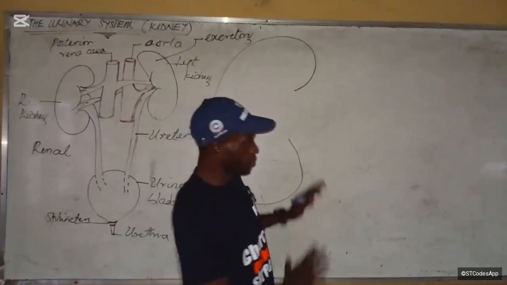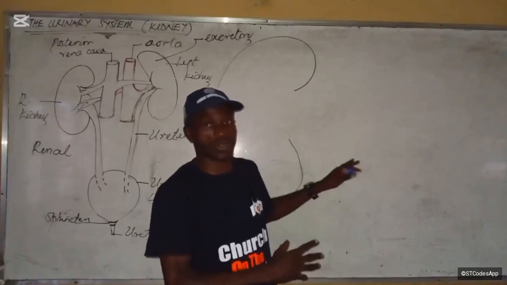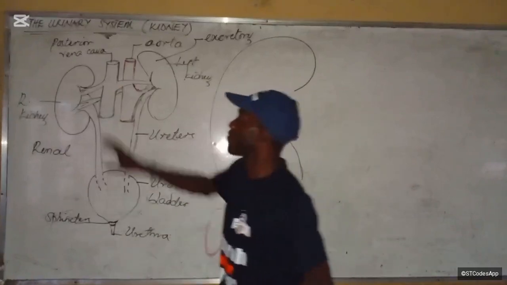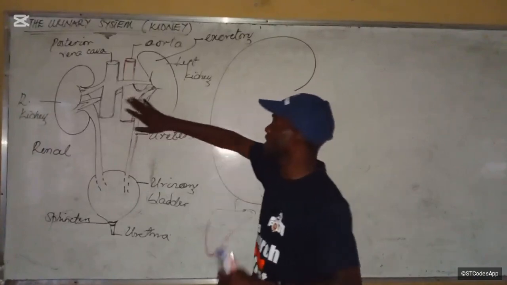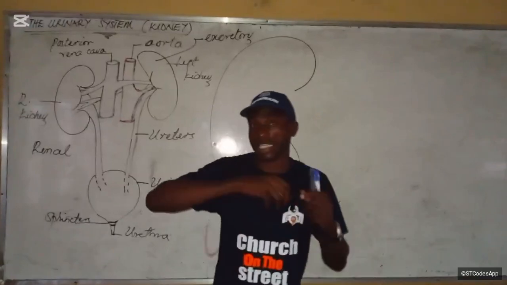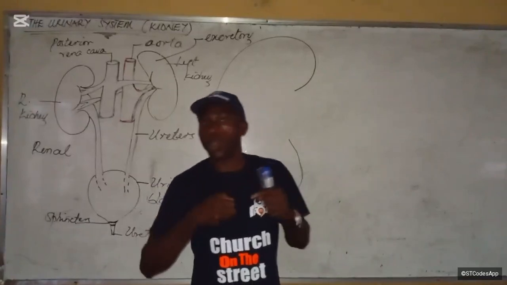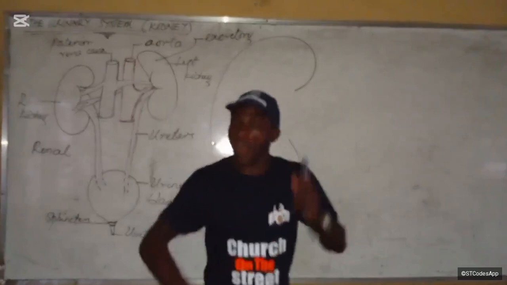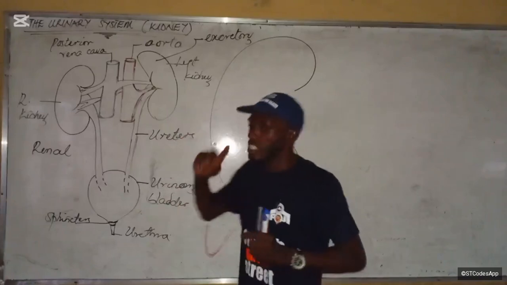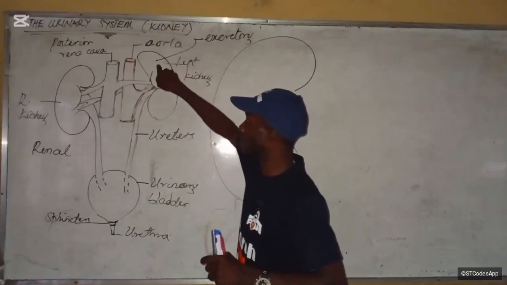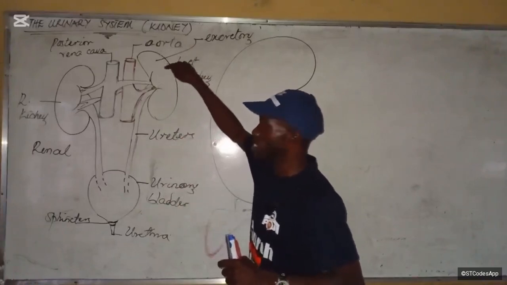Now I'm going to bring that out here, what you will see as the afferent arteriole. That afferent arteriole is the smallest part of that renal artery before we see the renal capillaries. So they go into the blood, into the nephrons.